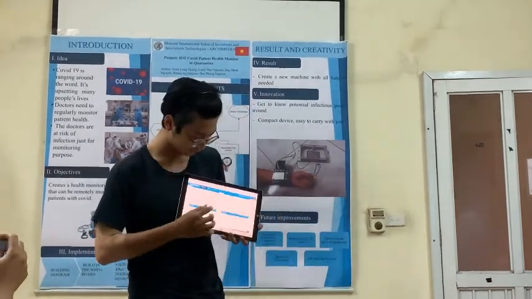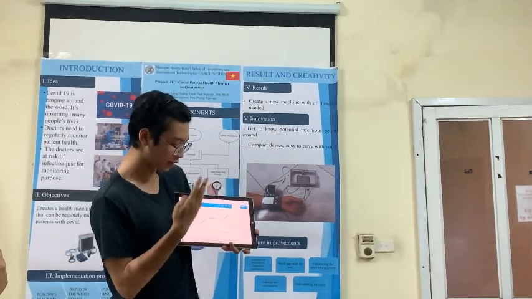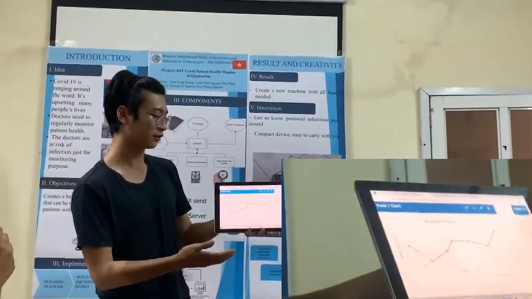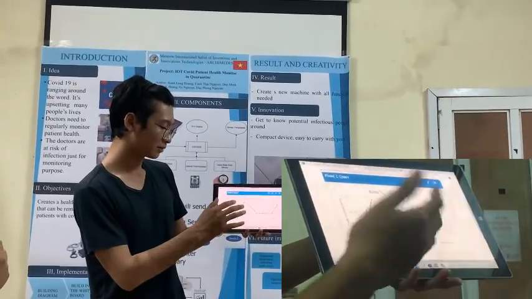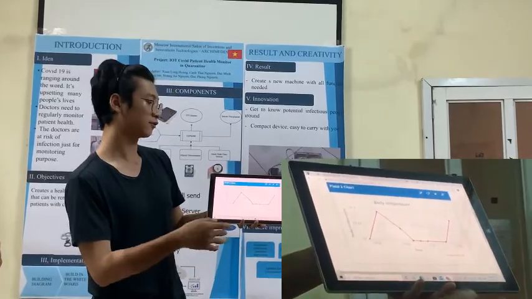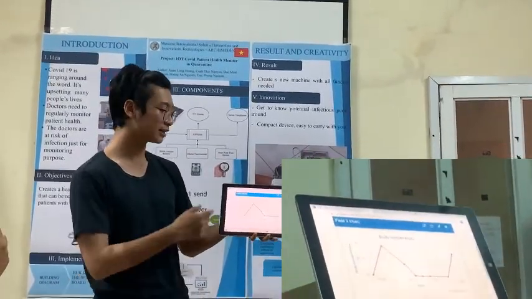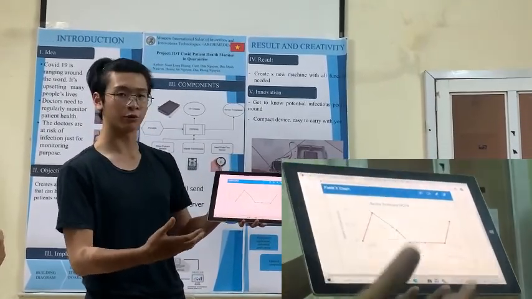For example, we have one patient right here. First of all, we have blood pressure. The blood pressure varies over 3 minutes, around 50 to 60, and the average value is 55. For body temperature, it varies over 3 minutes from 37 to 37.5. We can see that for this patient, everything is quite normal.